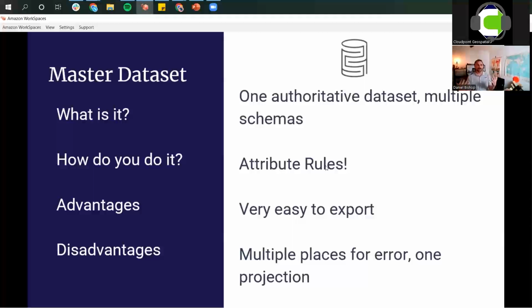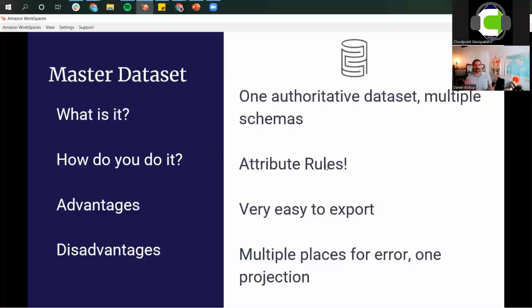Because of those alignments, if we have a master data set, we can combine those like fields. And then where there is some discrepancy between the two schemas, we just separate them out, so we'll have all of those fields in one master data set.